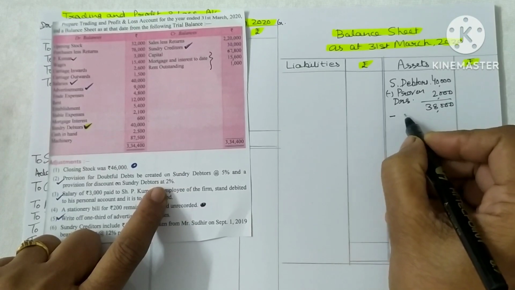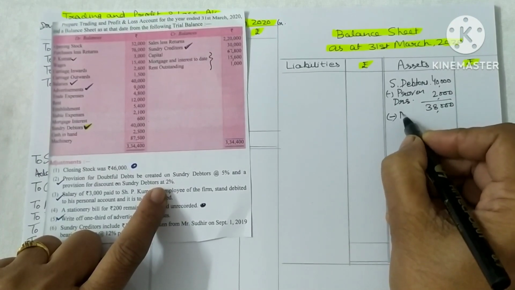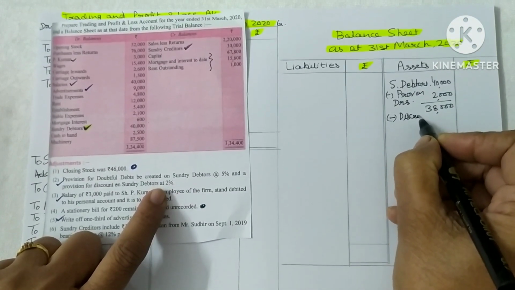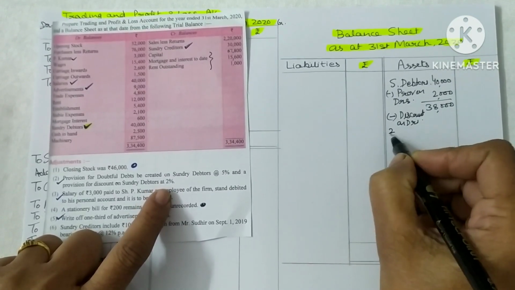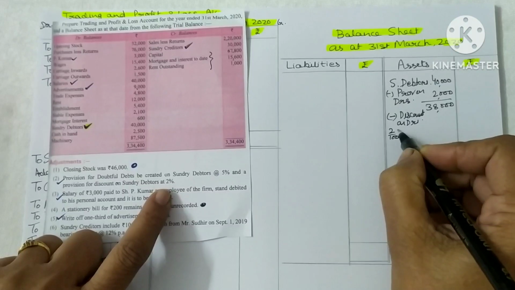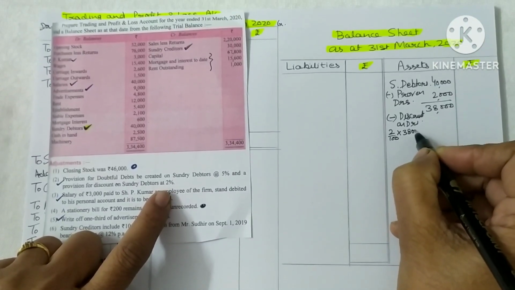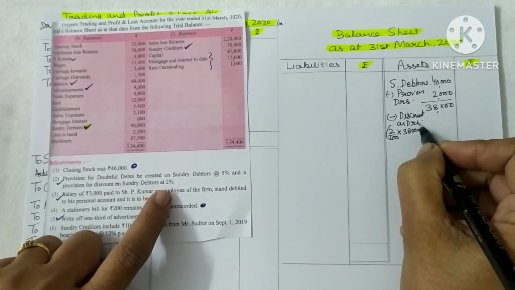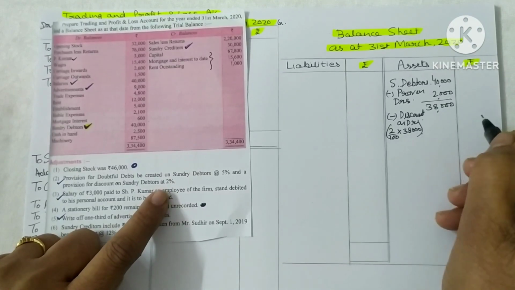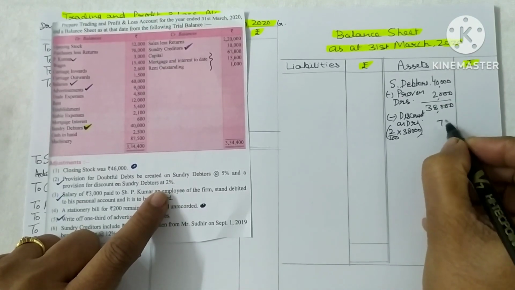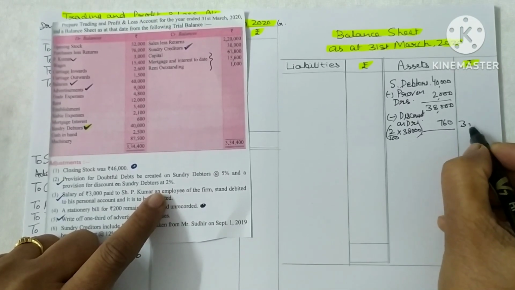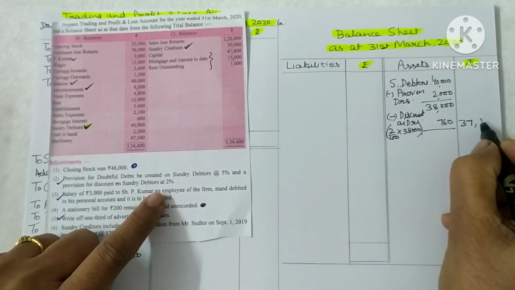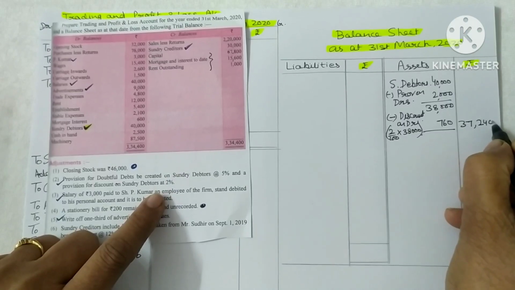Then a provision for discount on sundry debtors at 2%. So less discount on debtors. 2% is calculated on this amount, 38,000. This is 760. 37,240.